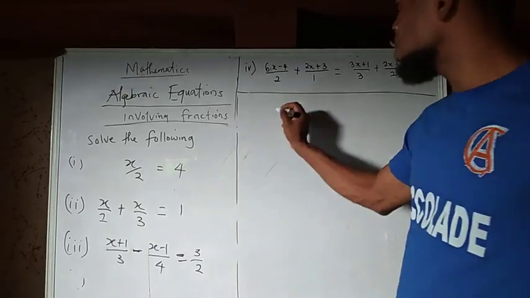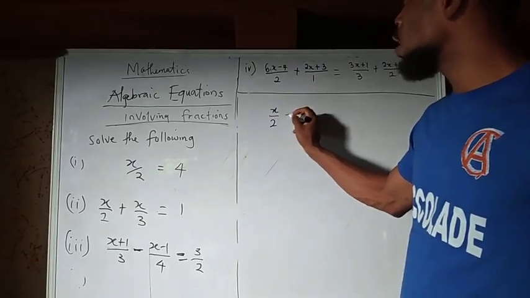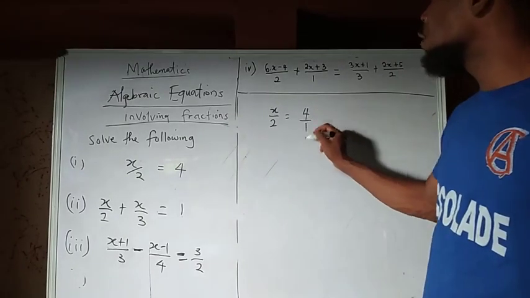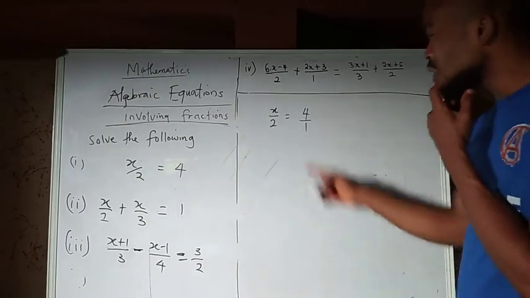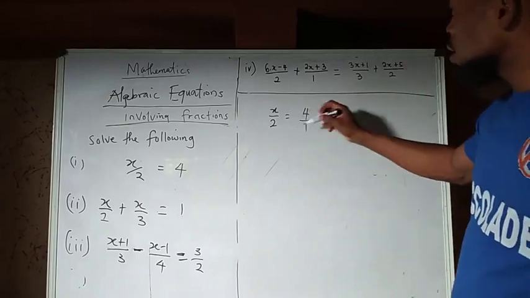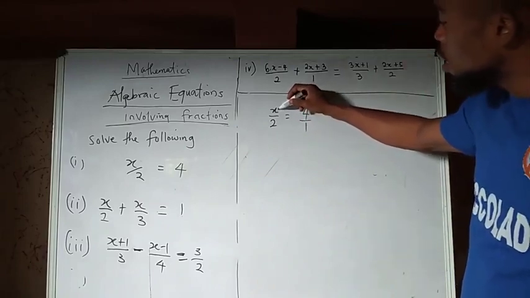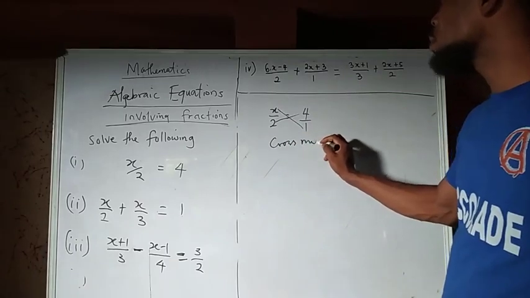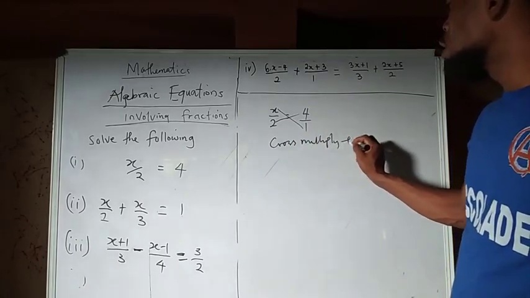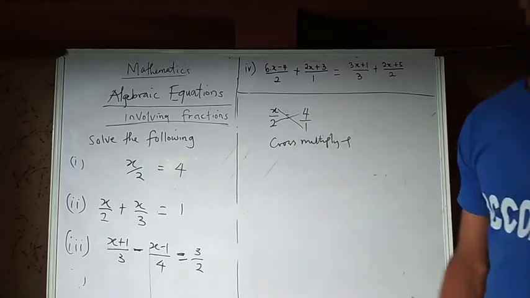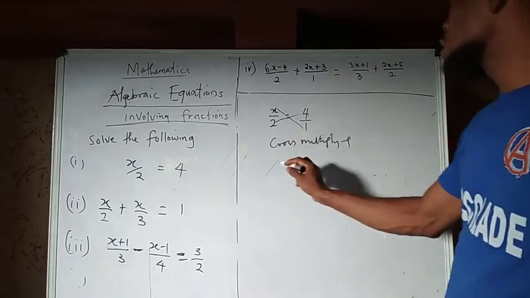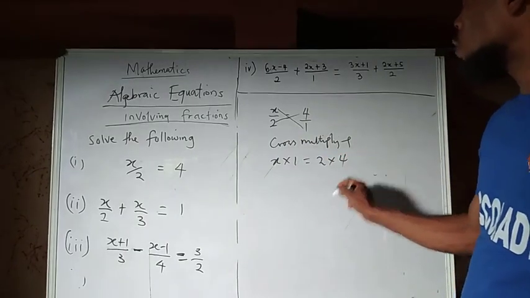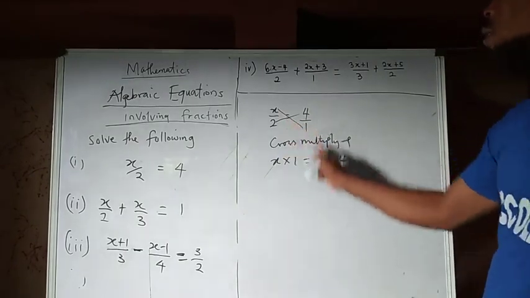Now in this problem, remember, I'm supposed to show you another way of doing this. So let's say we have x over 2 equals 4 over 1. In this case, we can just simply cross multiply. That's what we call cross multiplying. Instead of looking for the LCM, if we just do this, we are going to get x times 1 equals 2 times 4, based on the cross multiplication.